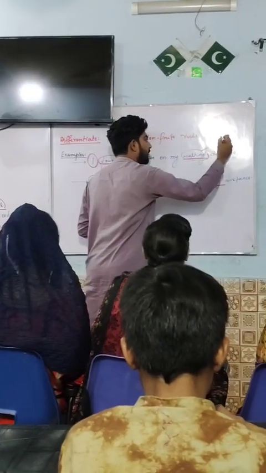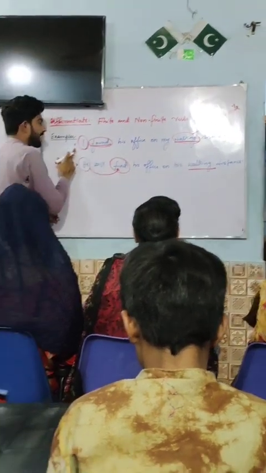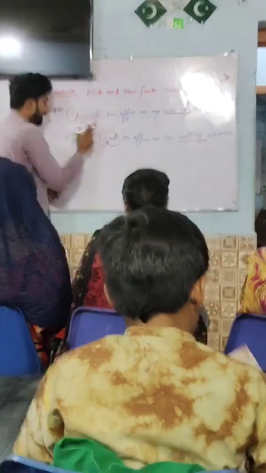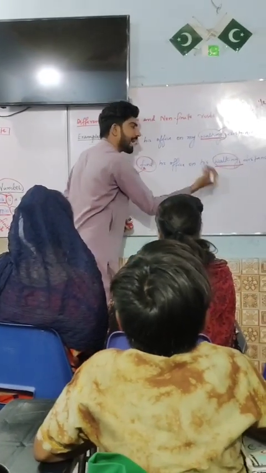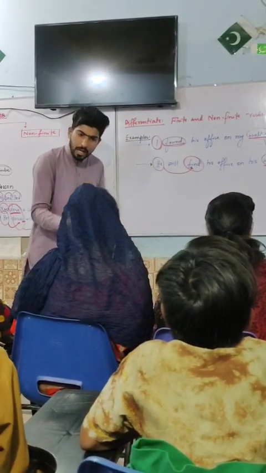Here, walking is a non-finite verb, because whether we change the tense or the person, it doesn't change its form. This walking is the same in both cases, so we can say that this is a non-finite verb.